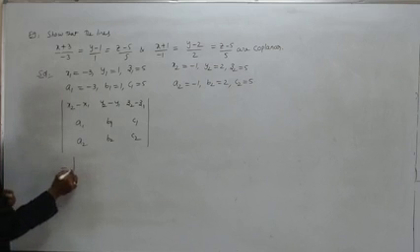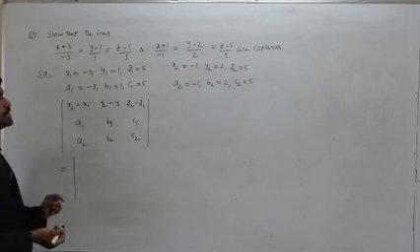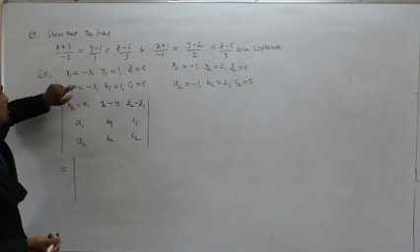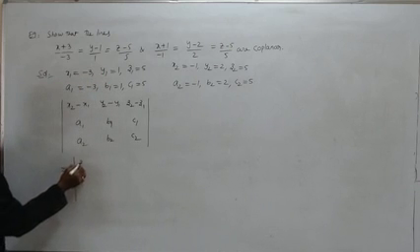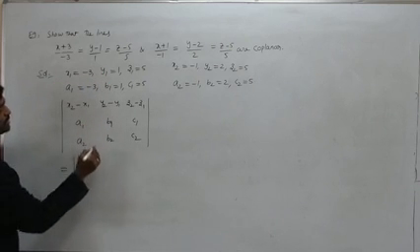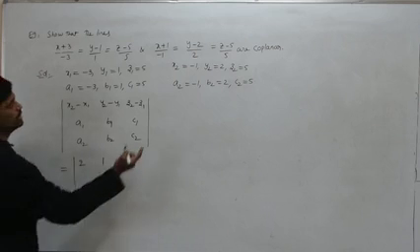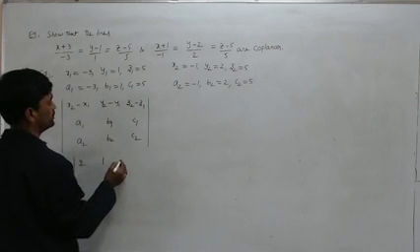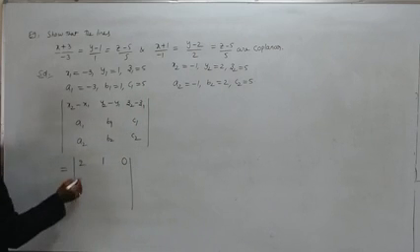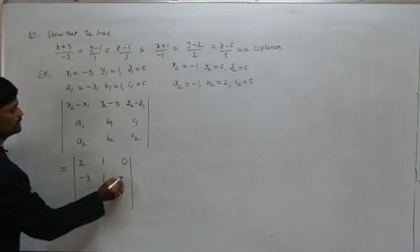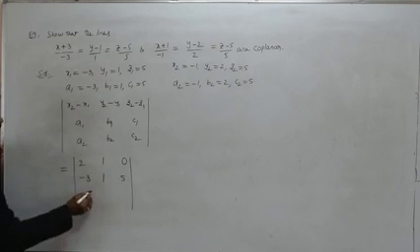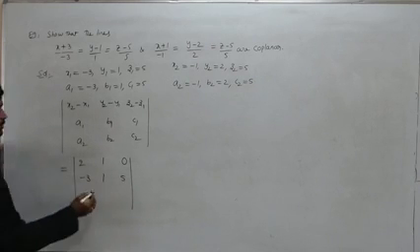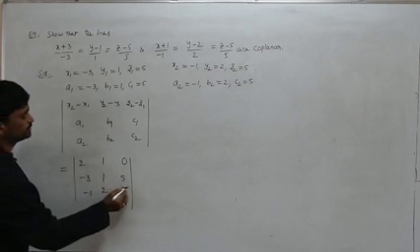So that is the determinant of x2 minus x1, that is minus 1 minus of minus 3, so minus 1 plus 3 is 2, y2 minus y1 is 2 minus 1 is 1, z2 minus z1 is 5 minus 5 is 0, a1 minus 3, b1 1, c1 5, a2 minus 1, b2 2, c2 5.